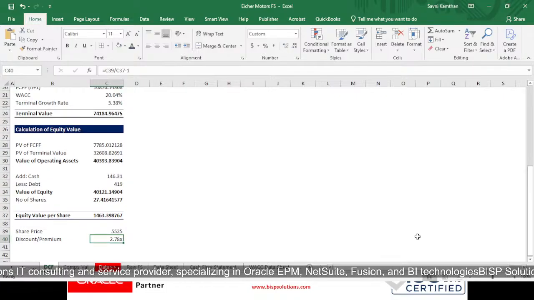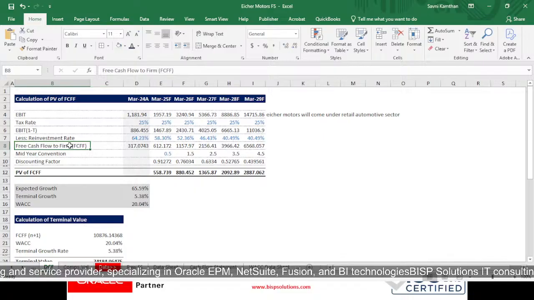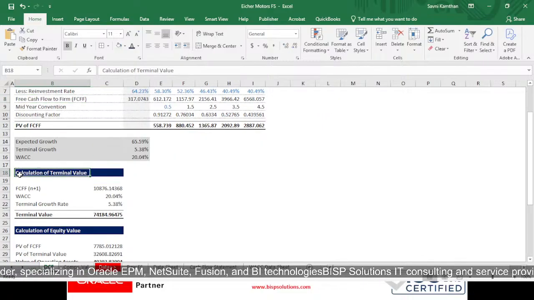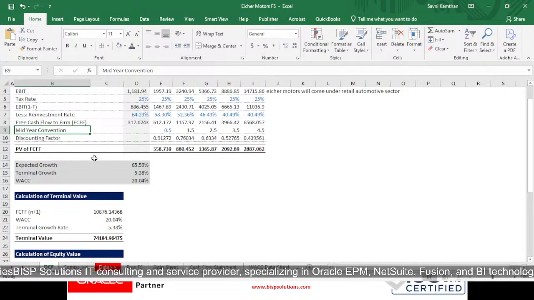FCFF, which we have done over here, is profit left after paying costs, tax and reinvestments. Terminal value, which we have calculated over here, is the value of future profits after 2029 forever. WACC is the minimum return expected by both lenders and investors, and the mid-year convention means money comes in gradually, not at year end, right?